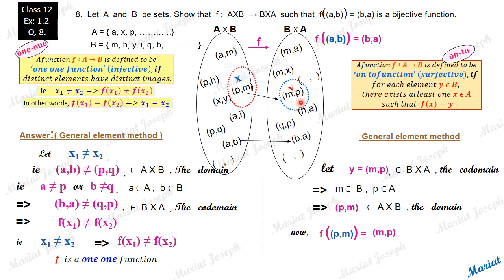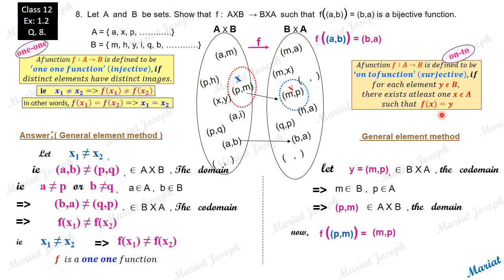Corresponding to a y that we took in the codomain, the MP pair called y, we could find a pair PM in the domain, that's the second stage, such that the image of PM is this MP itself. Image of this x is this y itself. That's what we wanted to have.